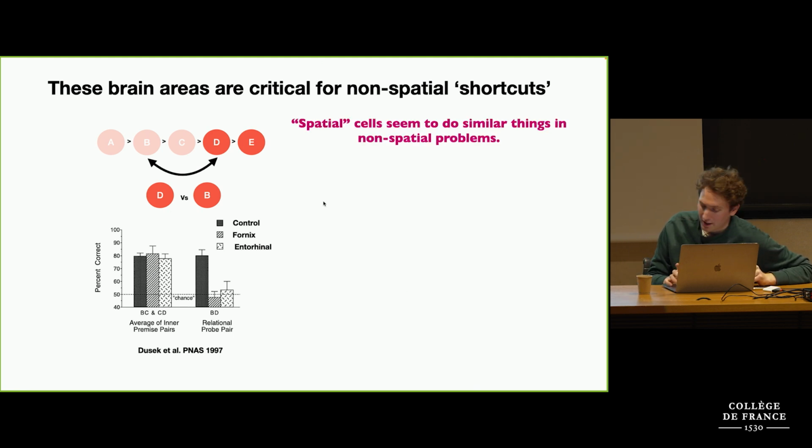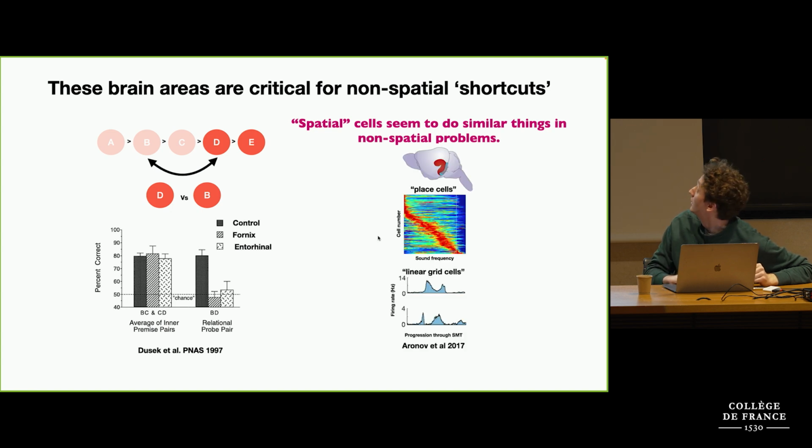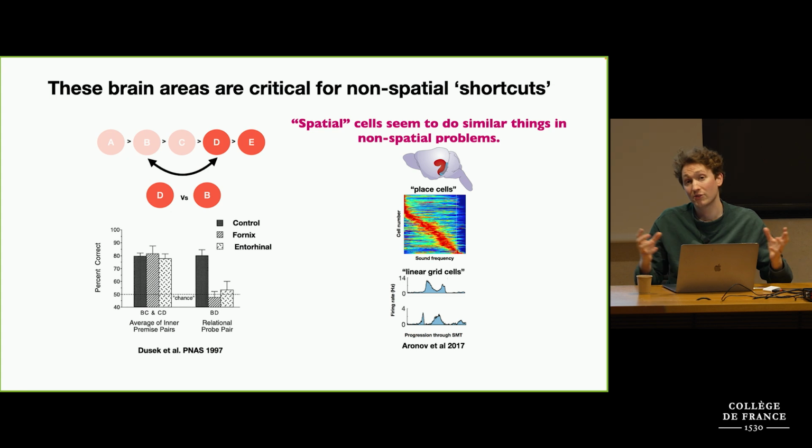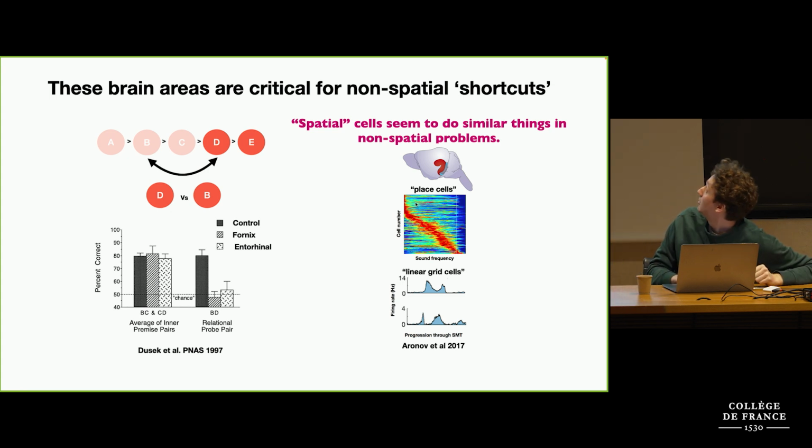And it's also the case that the same spatial-like cells that we saw before seem to do similar things in non-spatial problems. So for example, if you ask a rodent to hold a lever until a certain sound frequency appears, that of course has nothing to do with space, it's only to do with sound frequency. But nevertheless, you find cells which tile sound frequency space.